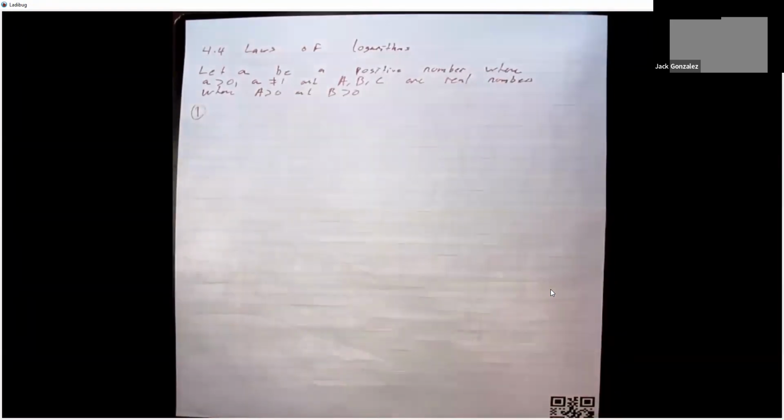So all that needs to be true for the following properties.